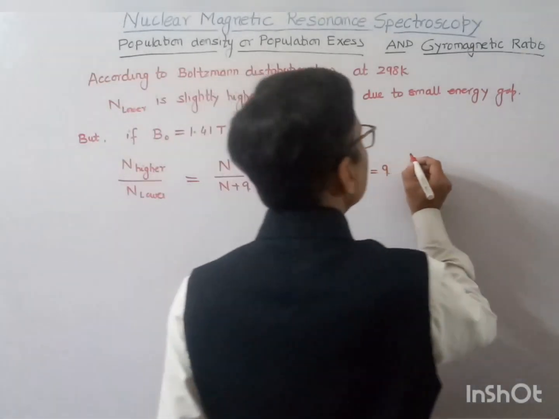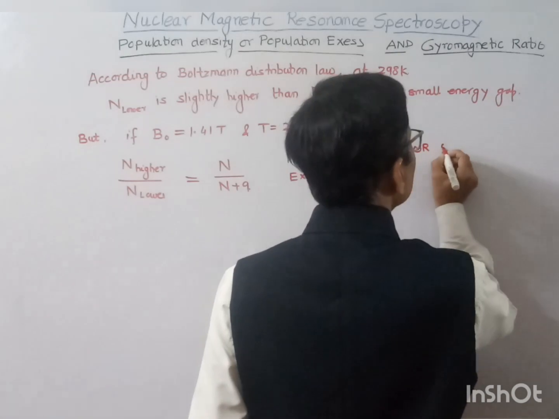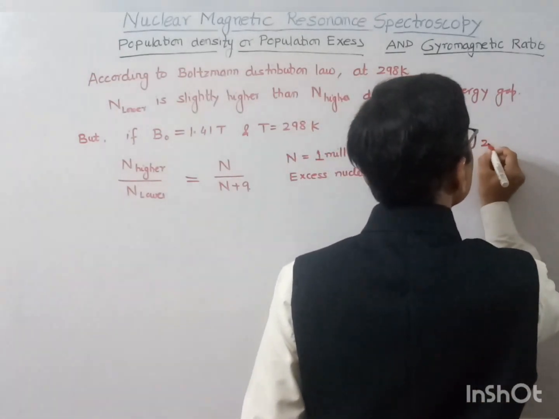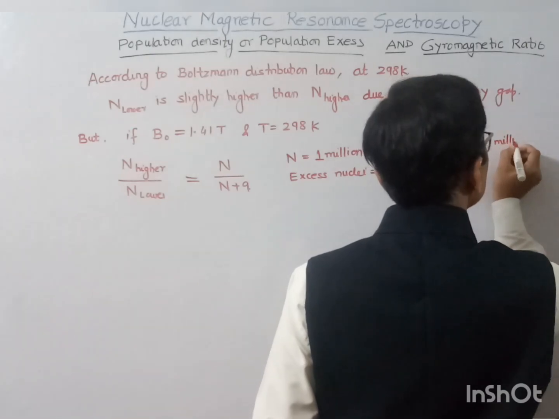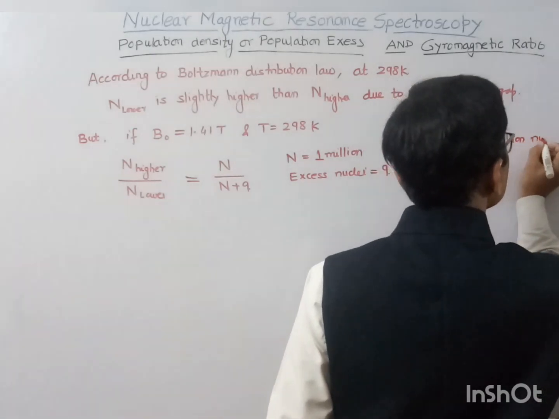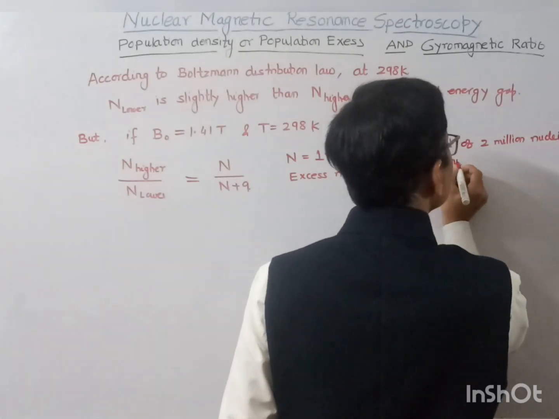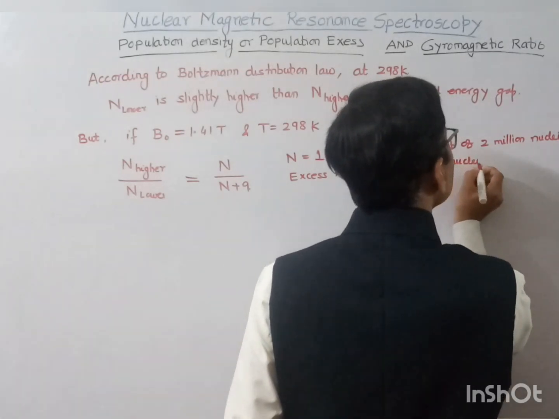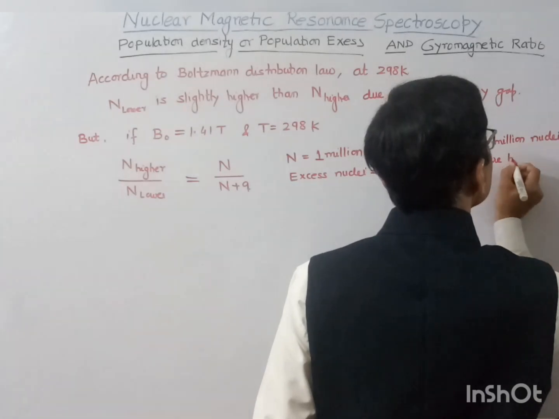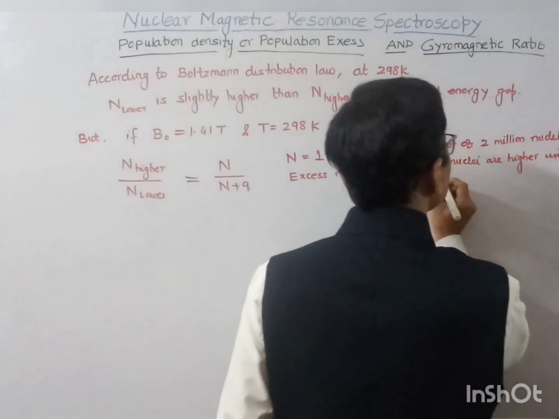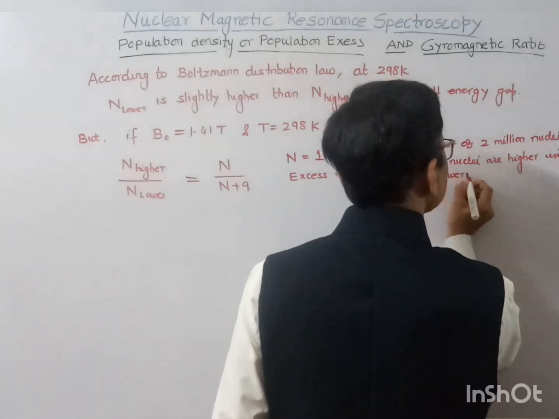So, out of 2 million nuclei, 9 nuclei are higher in lower energy state.